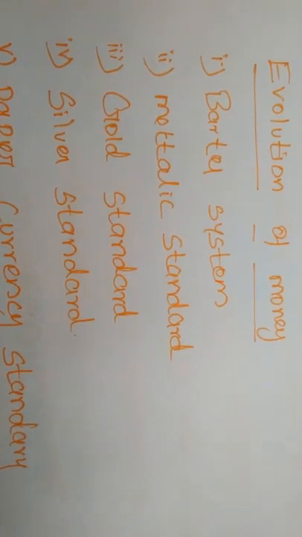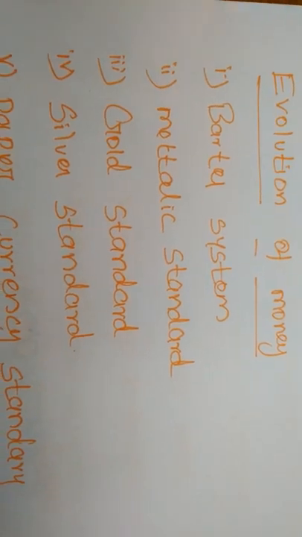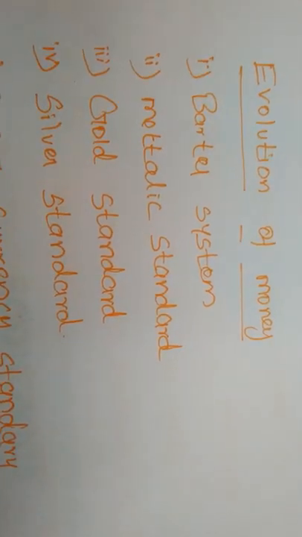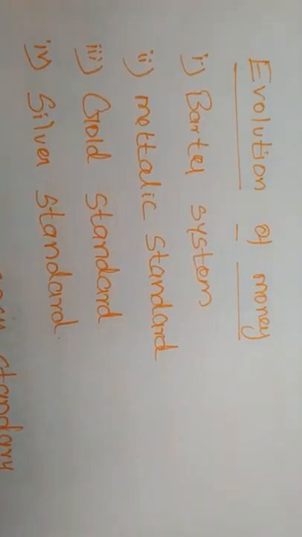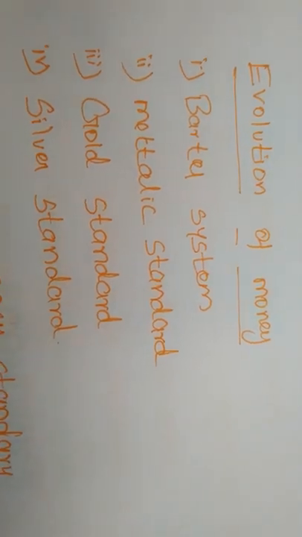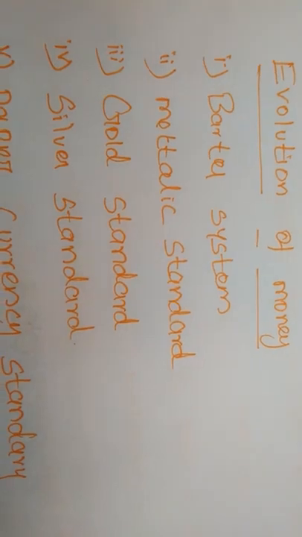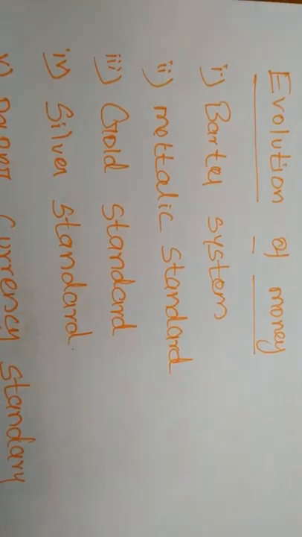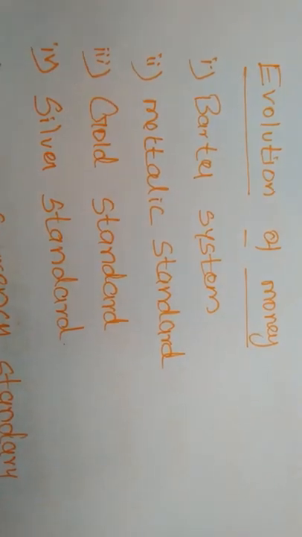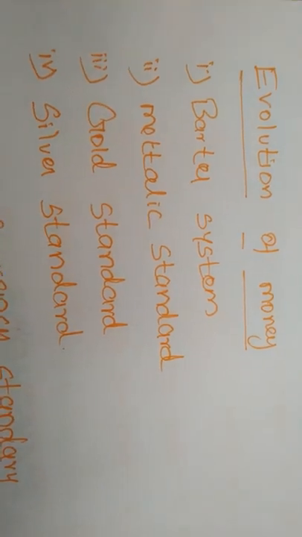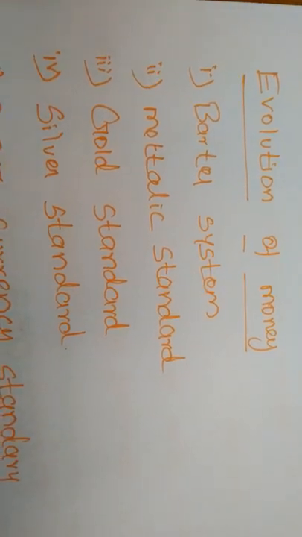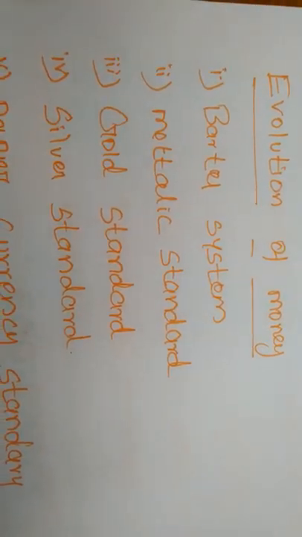If two persons want to be involved in this barter system, both must have a surplus amount of commodity. Only then can both come to the barter system. If that fails, the barter system will not succeed. Otherwise, there is the double coincidence of wants.